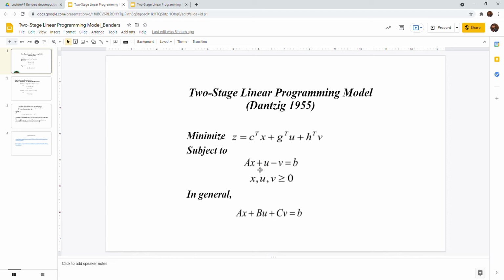So we need to know c, A, and b here. But Danzig's paper in 1955 says, suppose that you don't really know the exact value of c or b or A. All of these can be uncertain.